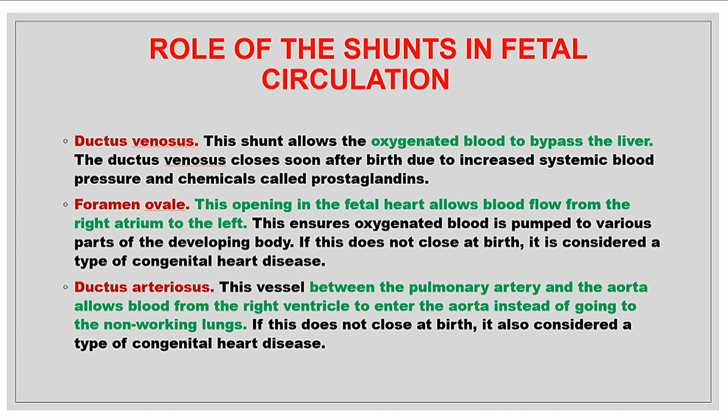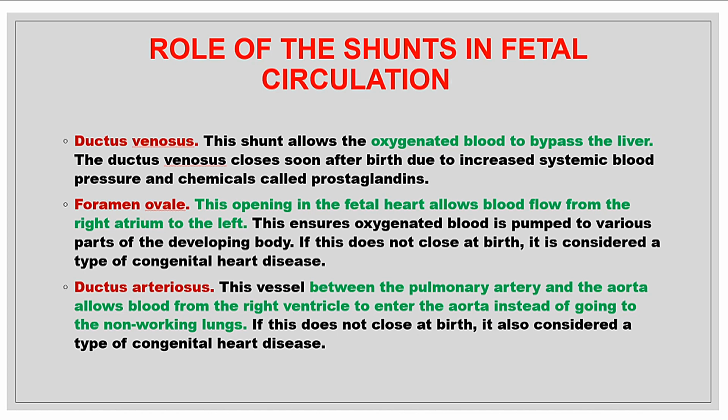Next is the foramen ovale. This opening in the heart allows the blood to flow from the right atrium to the left. This ensures oxygenated blood is pumped to various parts of the developing body. If this does not close at birth, it is considered a type of congenital heart disease.